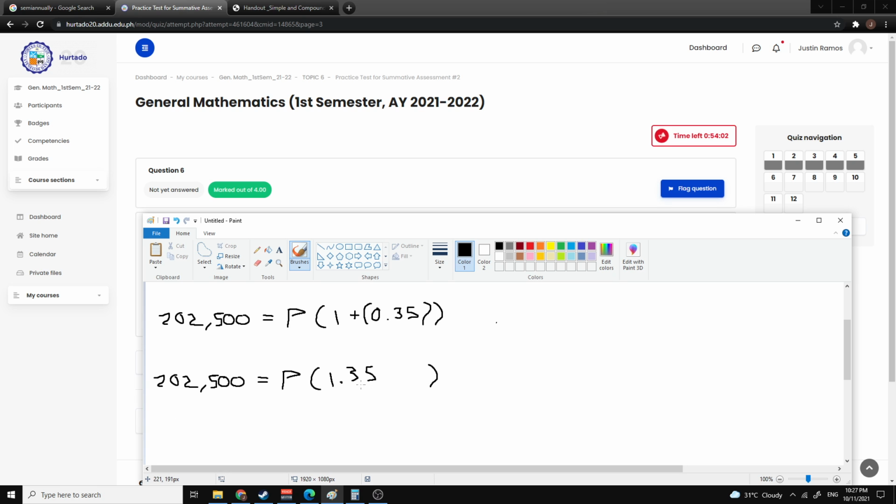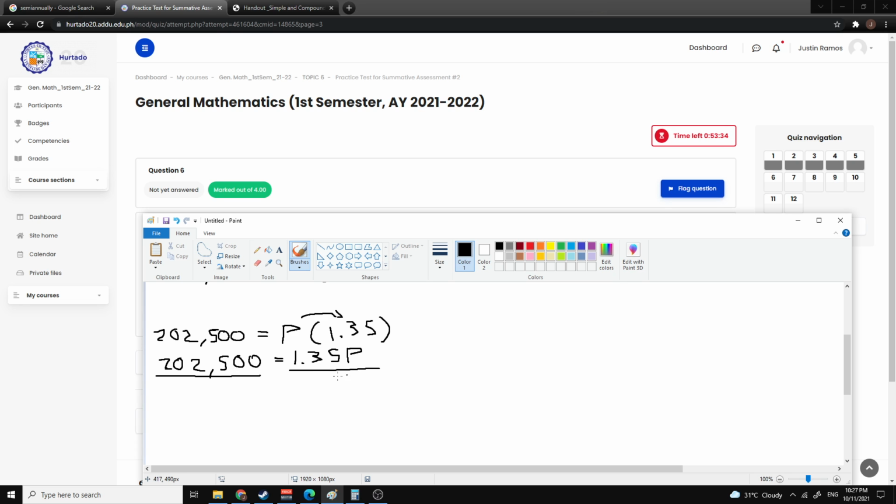Okay, so now that we have that value settled, we're going to have to multiply this by P so that P gets isolated. So that's why we are multiplying 1.35 by P, so that it becomes 1.35P, and now you divide that on both sides.